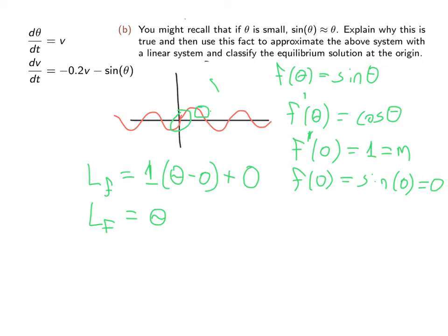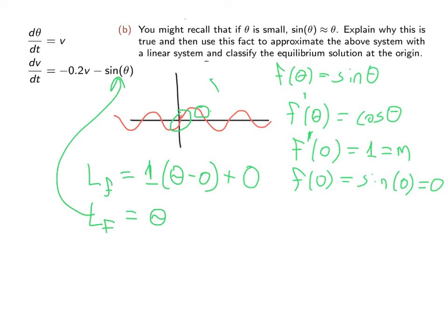Maybe you're used to thinking about sine of x. In other words, if the function f of x was sine x, then its linearization would just be the function y equals x. So if I'm considering equilibrium near theta equals 0, then the sine of theta is pretty much going to behave like theta itself.